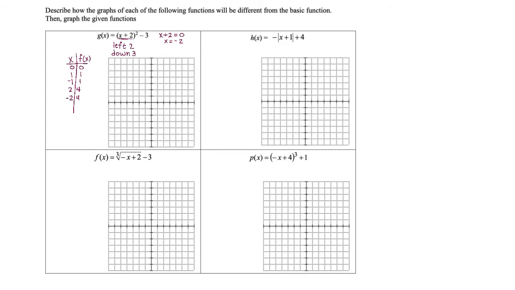So left 2, that means we are going to add a negative 2 to each one of these. And then down 3, which means we're going to subtract a 3 from each one of these. Now, if you feel better with this side saying you're subtracting a negative or subtracting 2, that's fine. It's just I had no room and had to put it at the front.